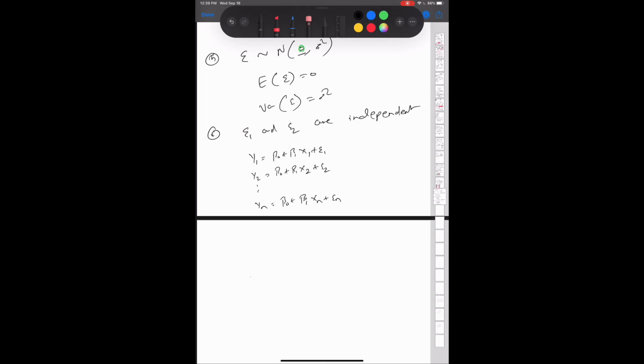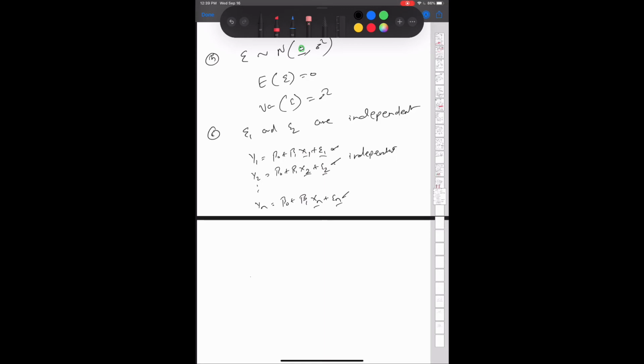We know x1, x2, xn are fixed. These epsilons are normal random variables, and they have nothing to do with each other. They are independent. Like the error in the first observation has nothing to do with the error in the second observation.